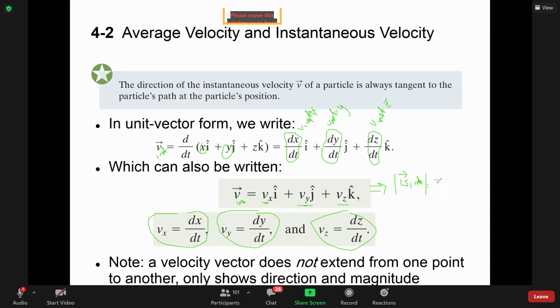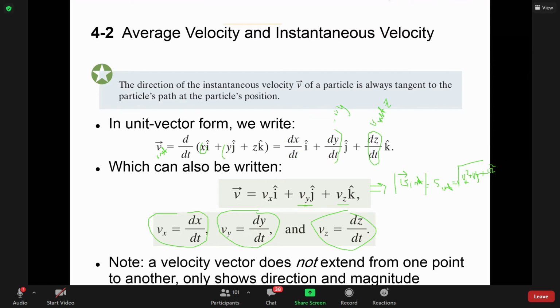It is the instantaneous speed, which is equal to the square root of Vx square plus Vy square plus Vz square. Instantaneous speed, or the magnitude of instantaneous velocity, is square root, square. So I treat it as any other vector. Any other vector, I can find its magnitude by taking square root, square, square, square.